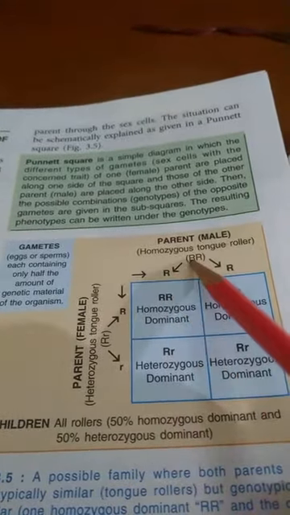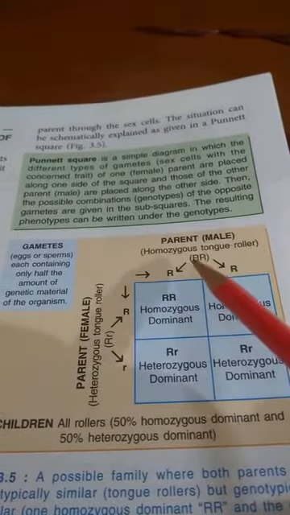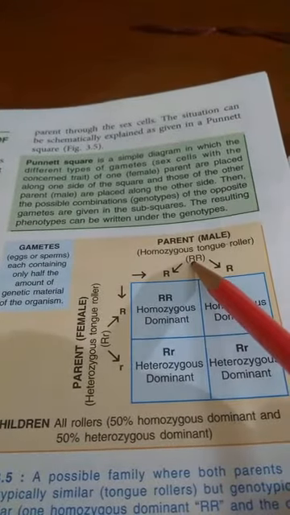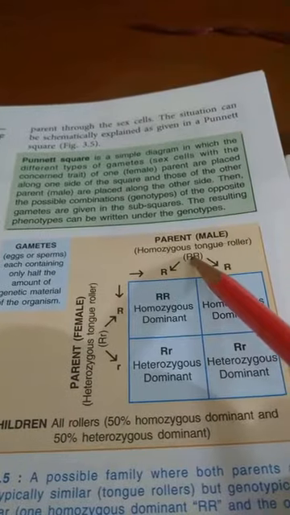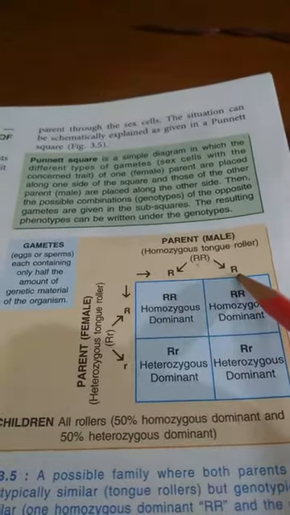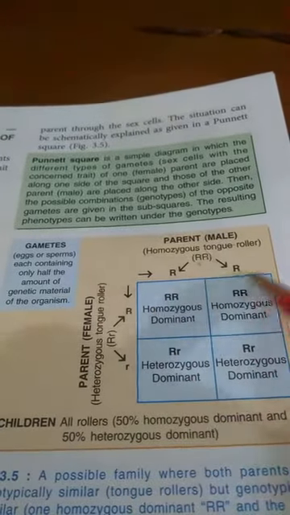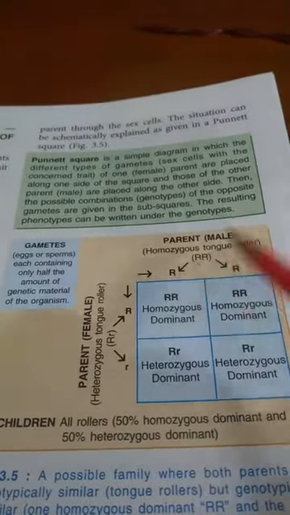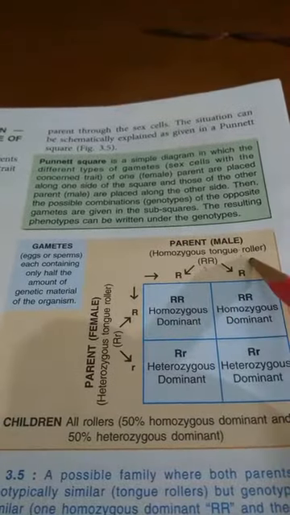Homozygous means having the same type of alleles. So it is represented by RR. It produces two gametes, capital R and capital R. So on this side we write male or female. One parent we have written here.